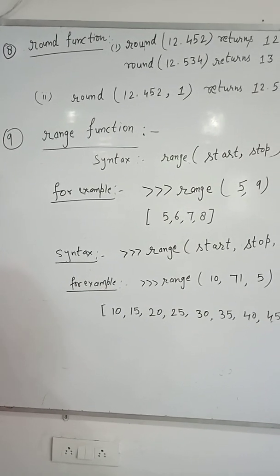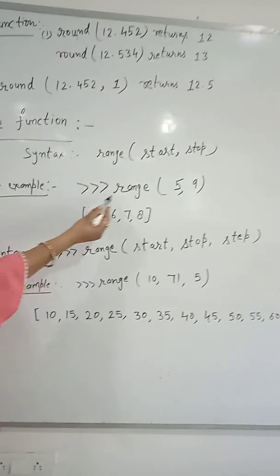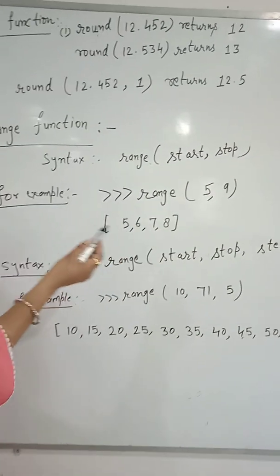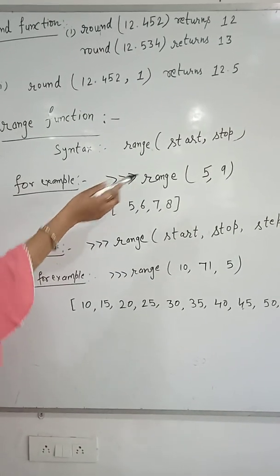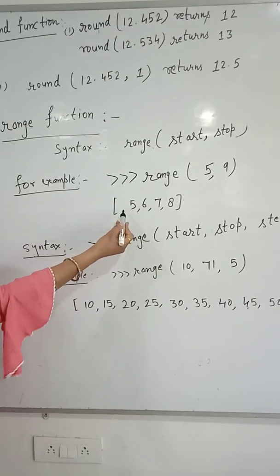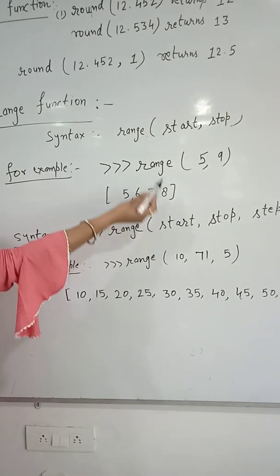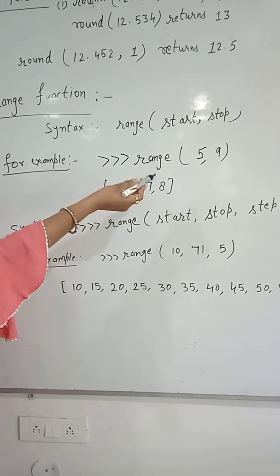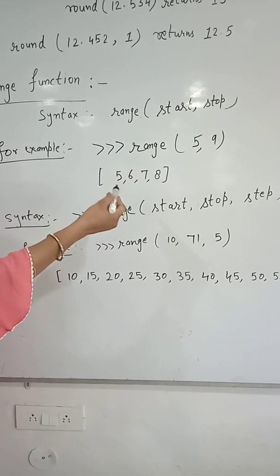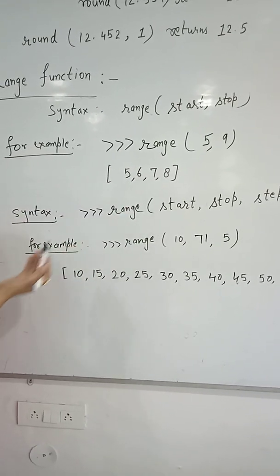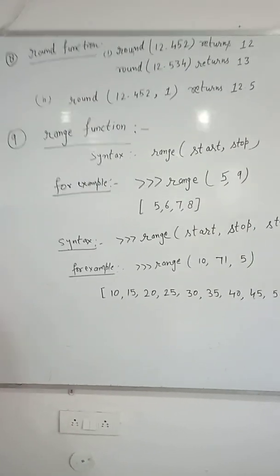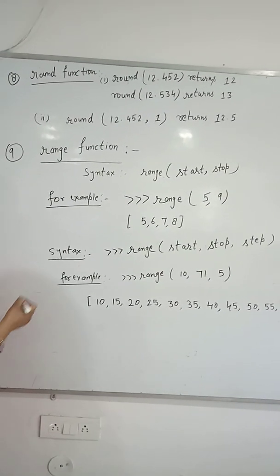Okay, so look at the example here, range(5, 9). So 5 is the start value, 9 is the end value. So the output will be 5, 6, 7, 8 because stop is 9. So stop will be end minus 1, that means the output will be till 8. So keep in mind these things, range will go till end minus 1.